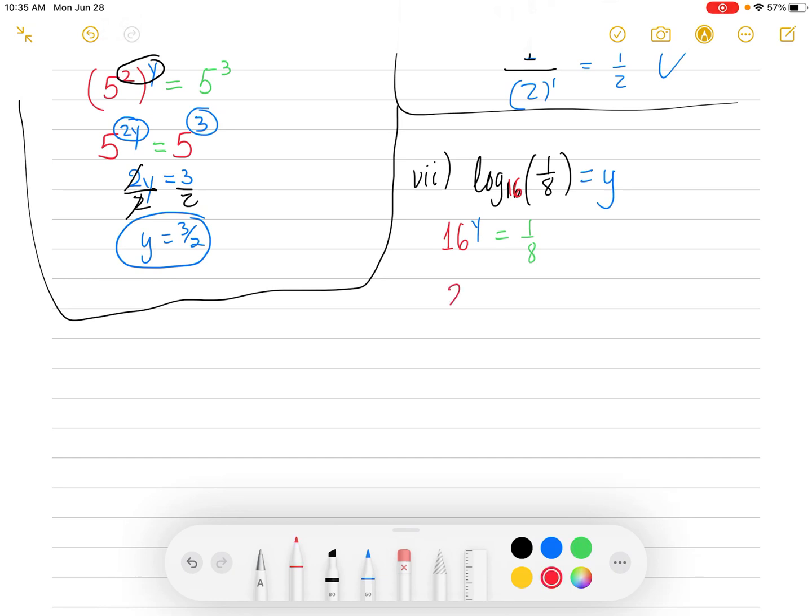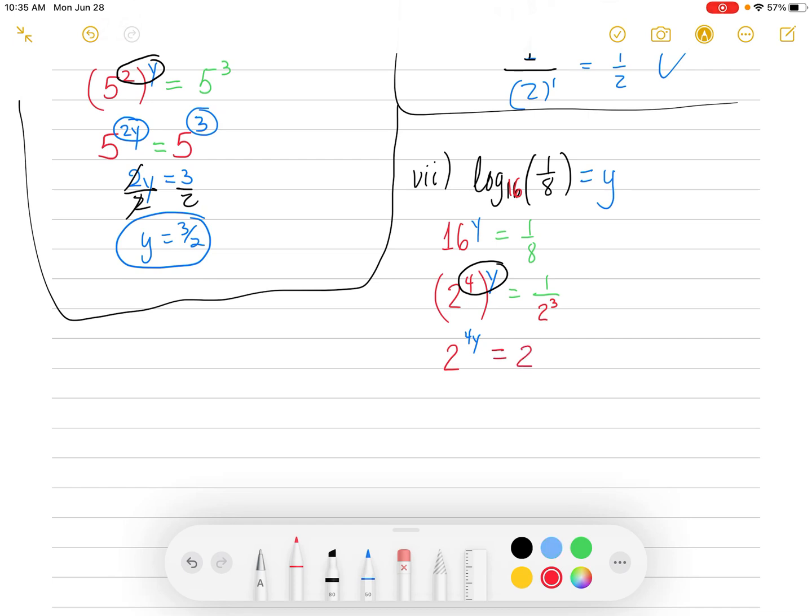Now we want to try to rewrite the 16 and the 8 in terms of a common exponential base. So 16 I can think of as 2 to some power. 16 is what? 2 to the 4th power. So we get 2 to the 4th power raised to the yth power. And 1/8, we can think about the 8 on bottom as 2 to the 3rd power.